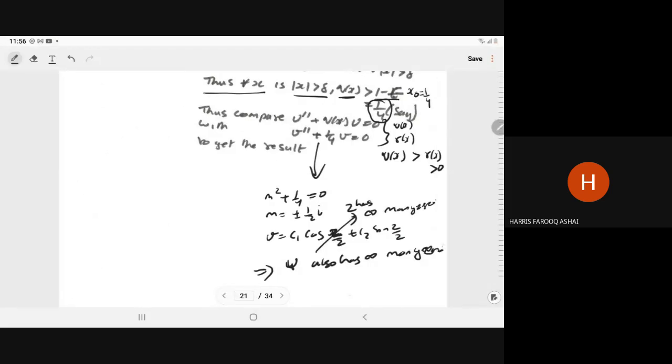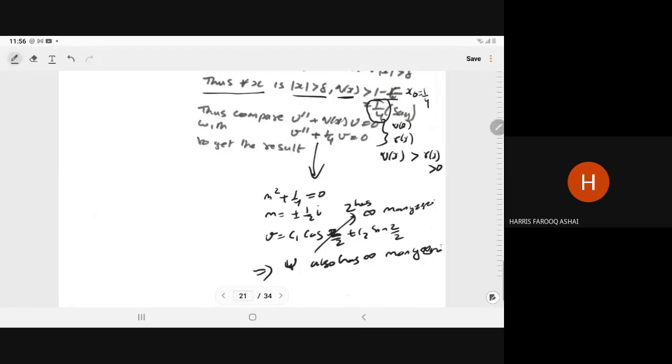And u is the normal form of the Bessel equation for p greater than half. So it implies that y also has infinitely many zeros.